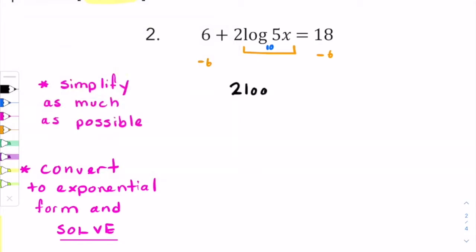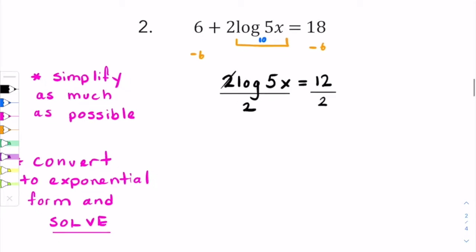Two times log base 10 of 5x is equal to 12. Next, I'm dividing by 2 on both sides. Log base 10 of 5x is equal to 6.